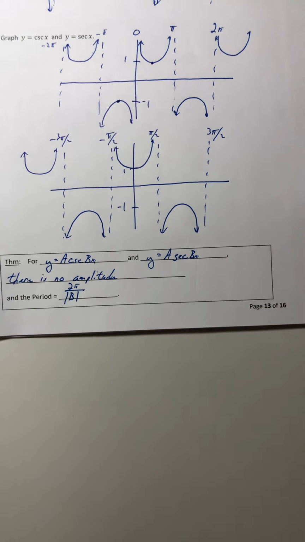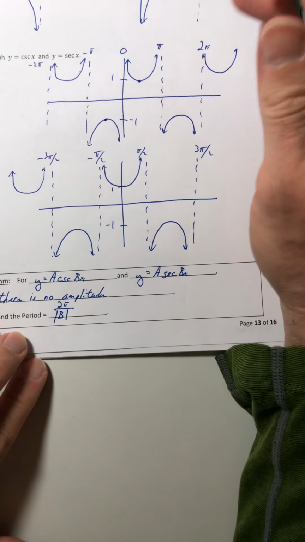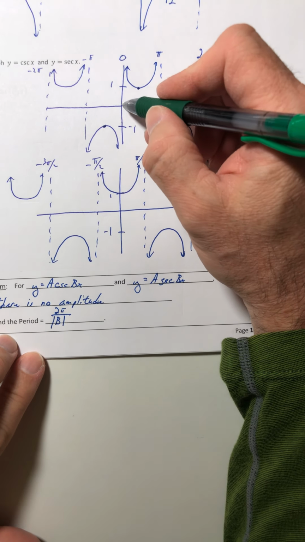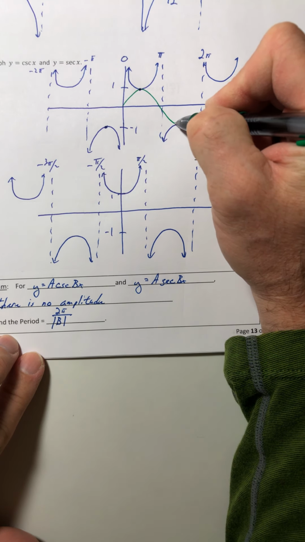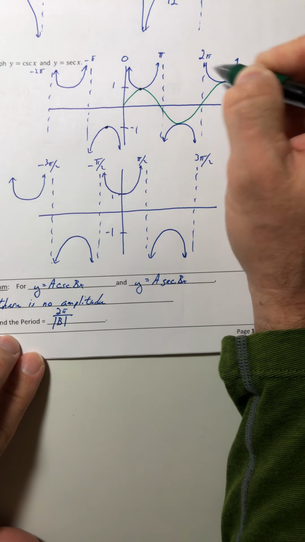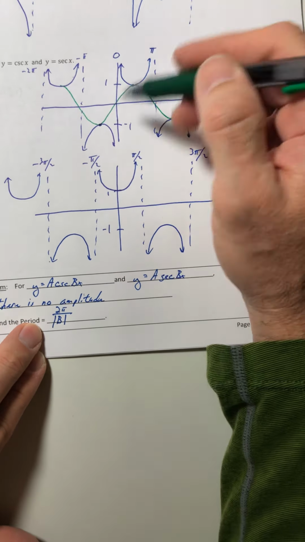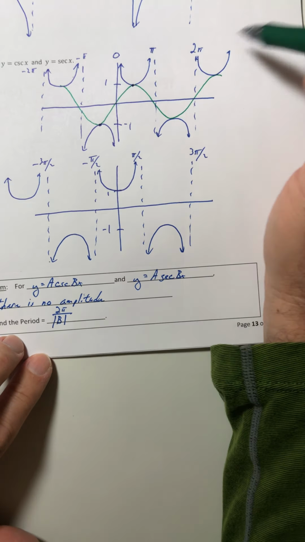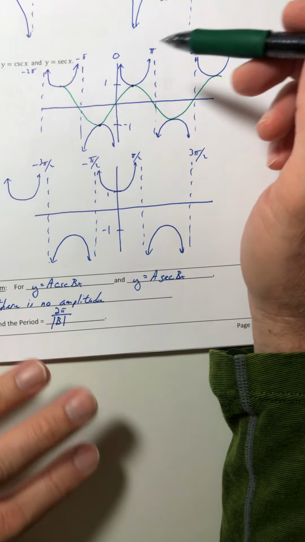Now what I've seen some people like to do, just because they're taught to do it this way, for cosecant, is they like to draw a sine curve at the same time that they're drawing a cosecant curve. So they draw the sine curve first, and then they kind of match the cosecant curve to fit. You can do that if you want to.